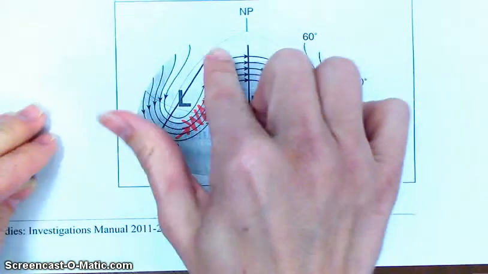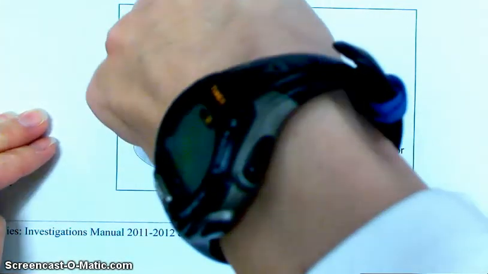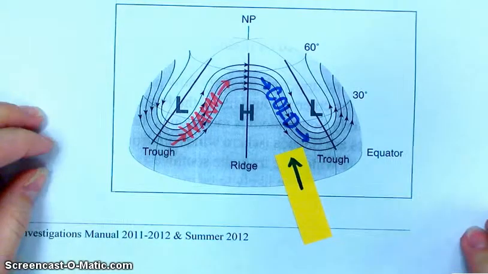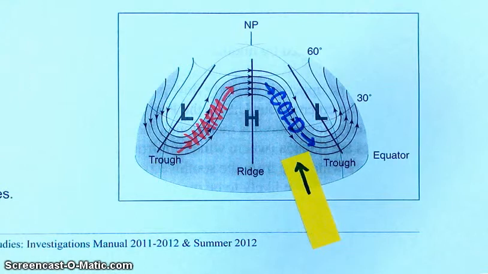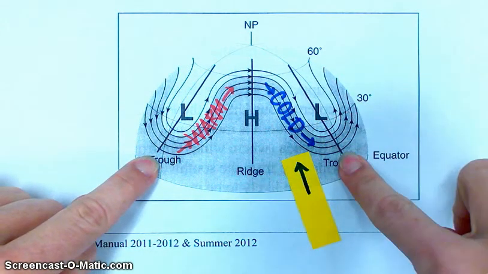So if you're here at the low and you're moving with the air, you're turning counterclockwise. As shown in figure 1, a line can be drawn that divides a trough into 2 roughly symmetrical sectors. So we have a trough line here and another trough line here.